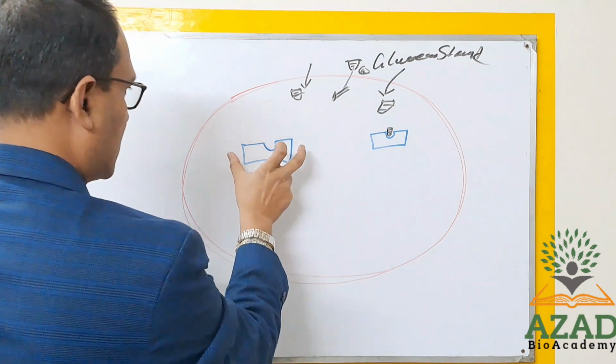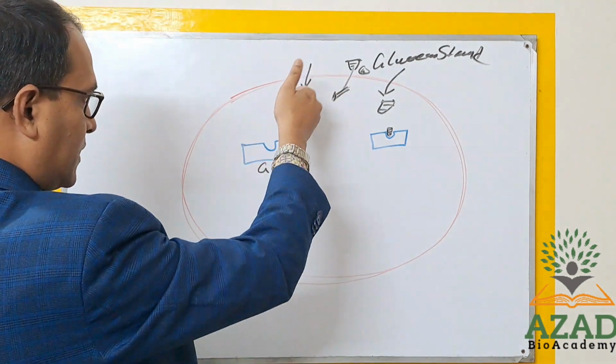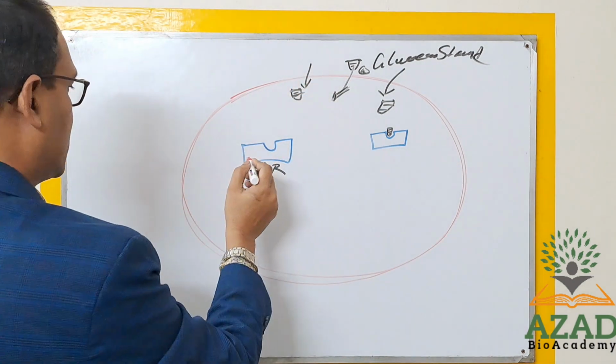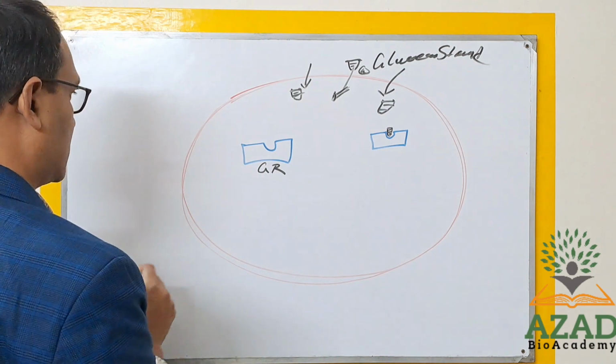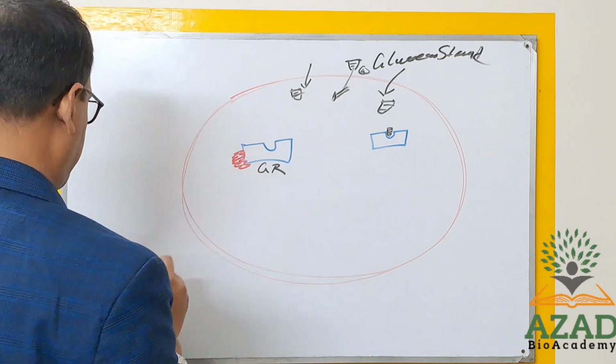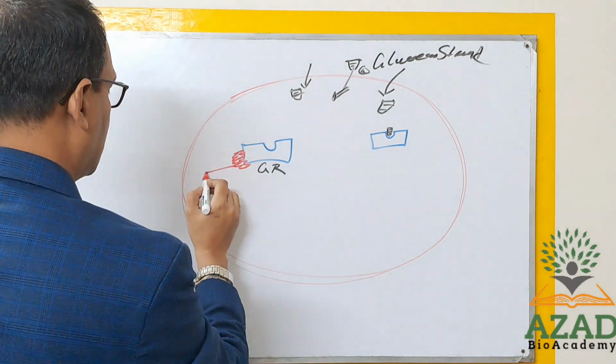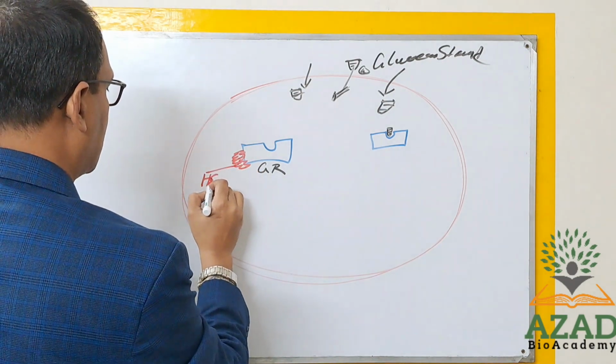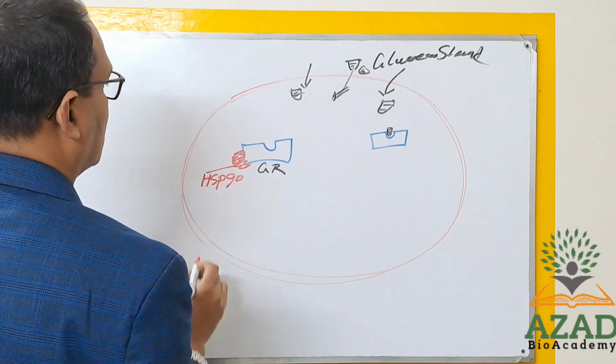So if you think, before binding the ligand, the receptor is attached with a special type of protein that is called HSP90.